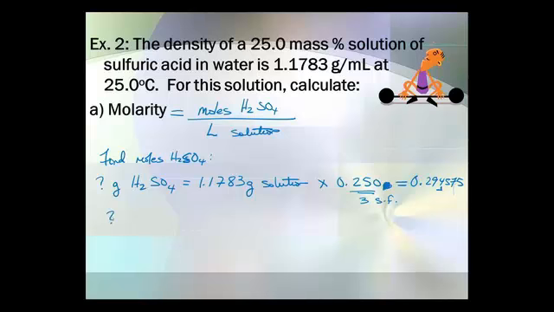Now that we know the mass of sulfuric acid, we can calculate its moles. Need to find the molar mass from the periodic table.